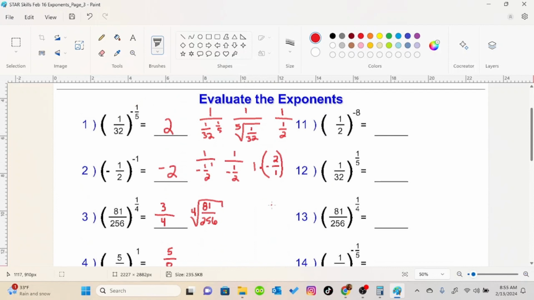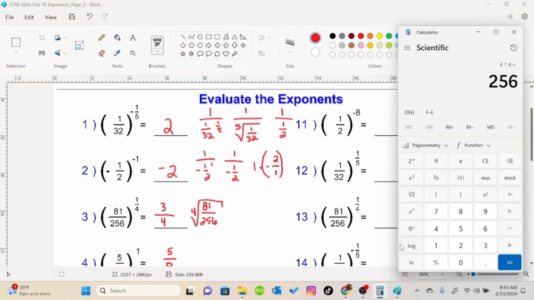Number 11. We have 1/2 to the power of negative 8. The negative exponent means 1 over 1/2 to the power of 8. 1 to the power of 8 is 1, and 2 to the power of 8 is 256.